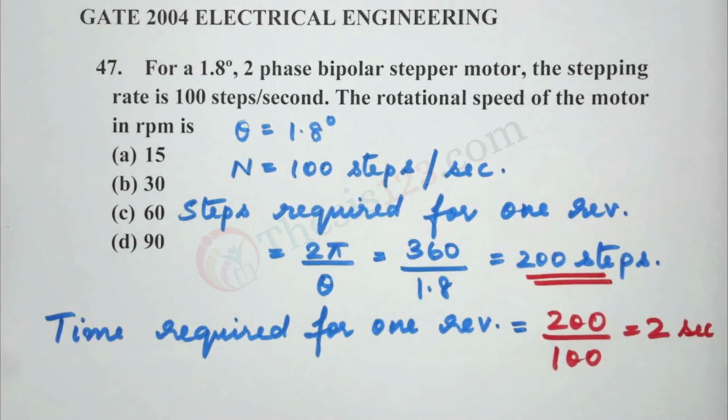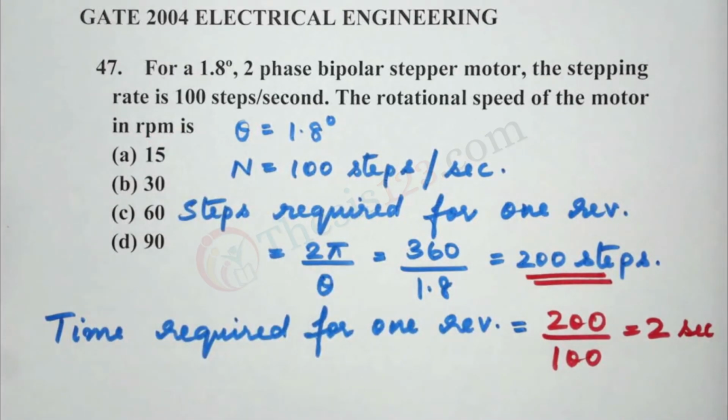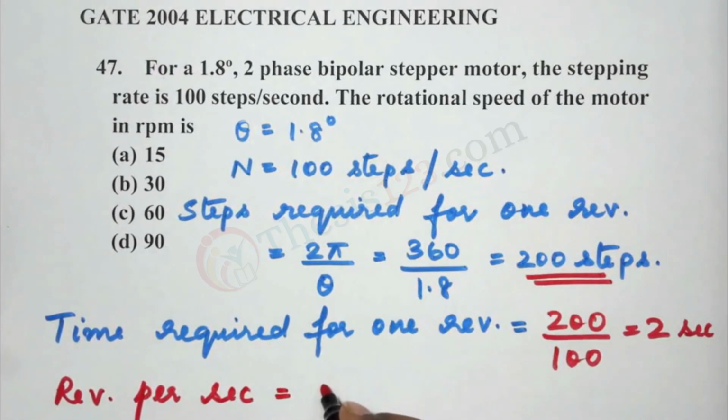Now next we have to calculate revolution per second. If we calculate revolution per second, we can then calculate revolution per minute. Revolution per second would be 1 divided by 2, and that's 0.5.